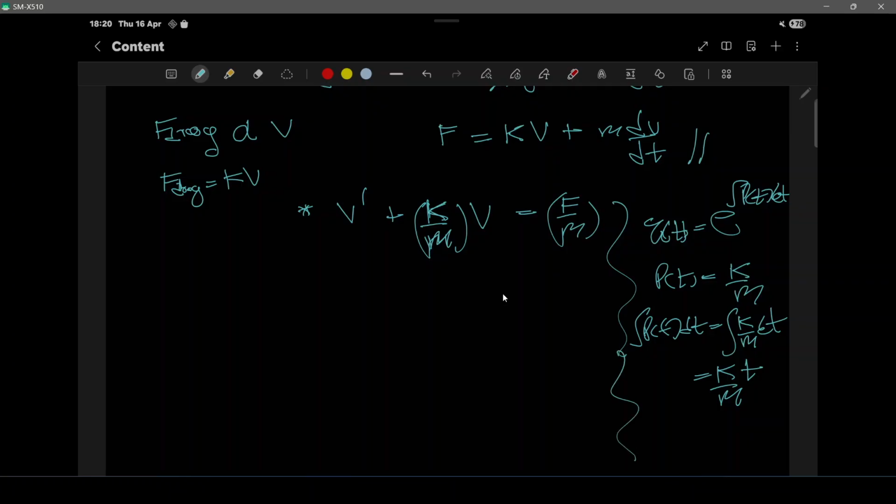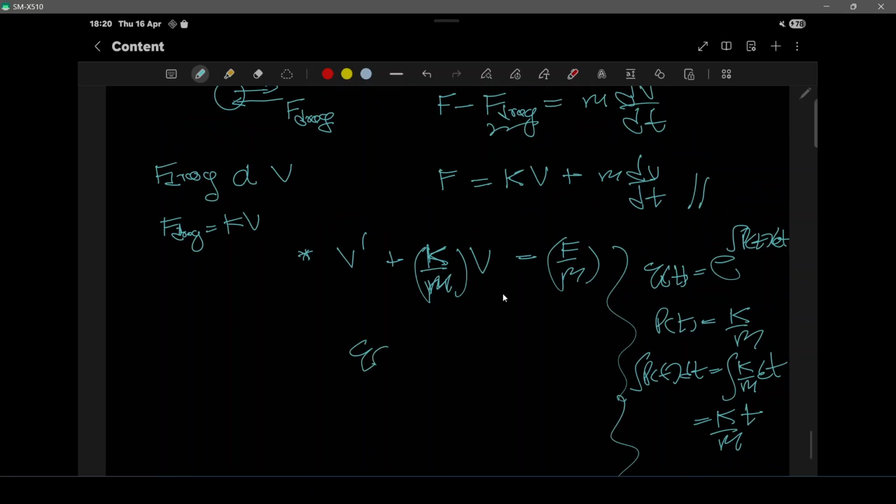We choose the integrating factor in such a way that this whole term is equal to this term here, which is equal to f over m.